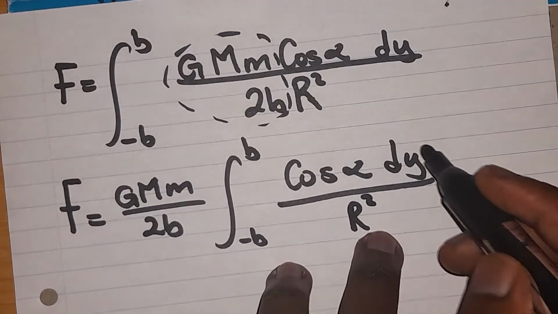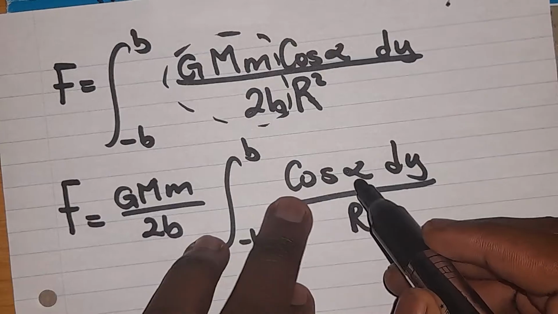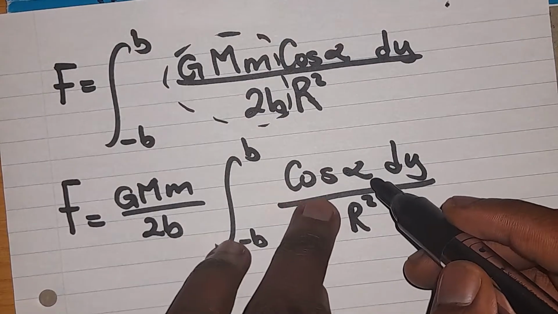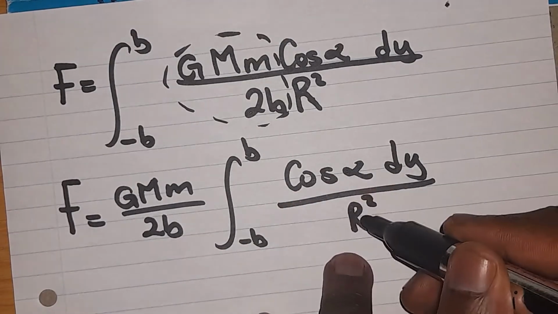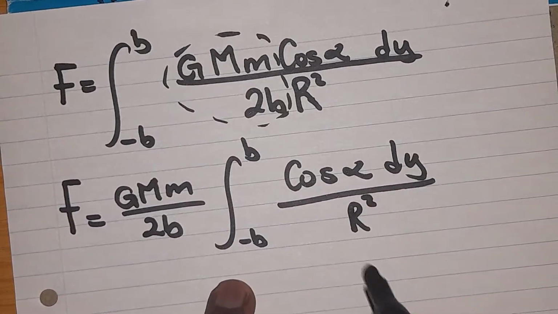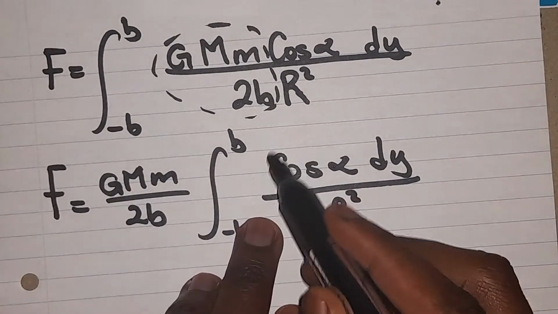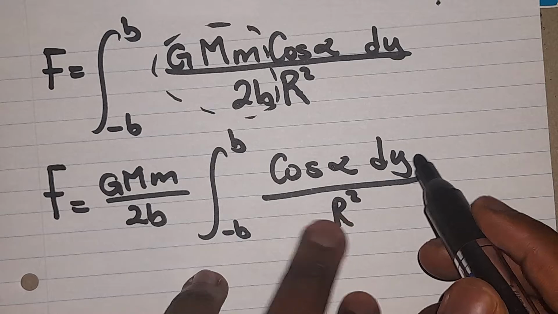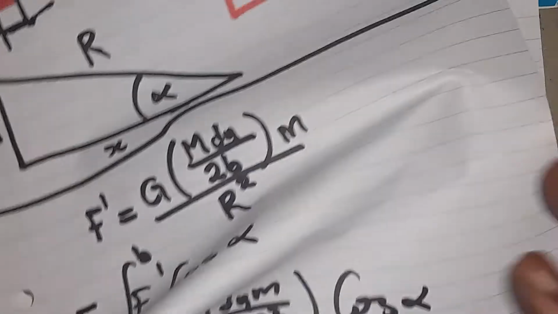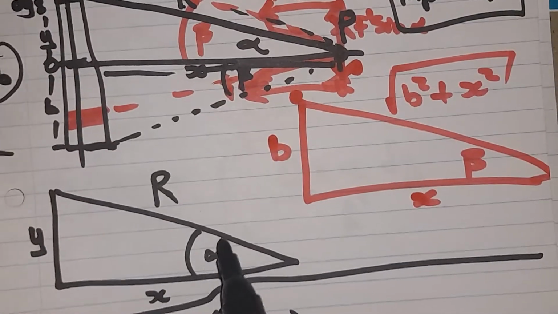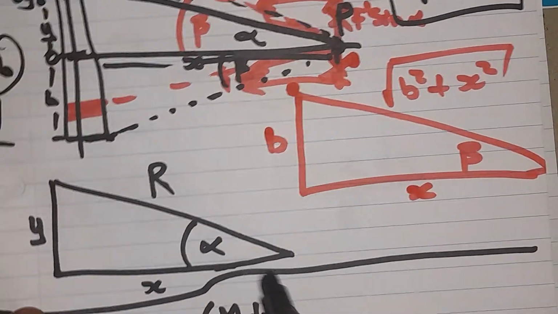But now we are integrating in terms of y. We know that cos alpha is dependent on y, and r is dependent on y. But now in cos alpha we don't have y, and in r we don't have y. We have to go back to our diagram here. You remember these two triangles that we drew here?